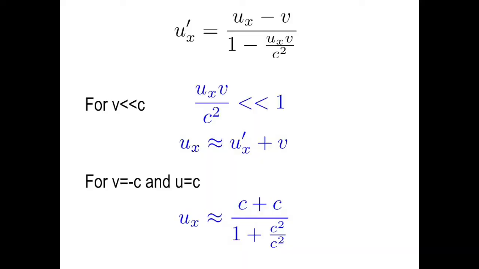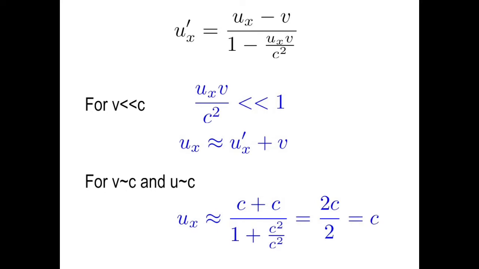Well, u sub x is c, v is minus c, so we get c plus c in the numerator, and we have 1 plus c squared over c squared in the denominator. This is just 2c over 2, which is c. So we cannot go faster than the speed of light. That's something we expected, but we see that this transformation equation is robust enough and gives the result. And we could say that c plus c is c in special relativity.